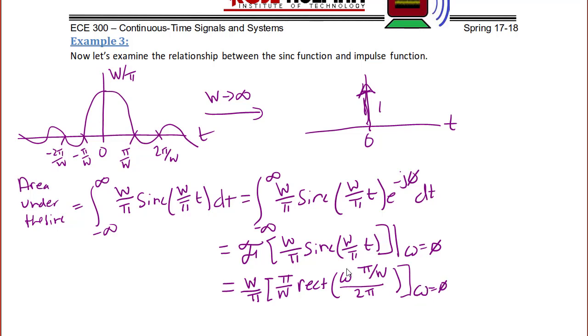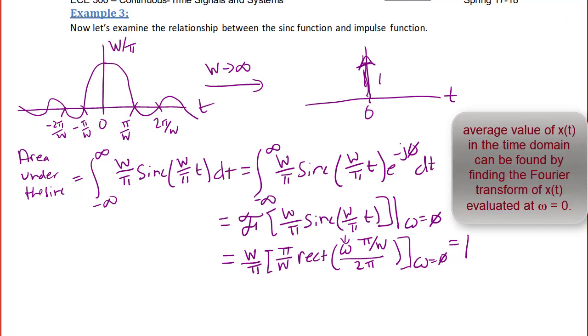There's only one omega, and that's here. And what you get is that the value is a 1. So we have shown that the area under the curve is a 1 for the sinc function, so it does converge on an impulse. So the last point to make is we now have a new rule we can use: if you want the average value for a function in the time domain, you can find that by finding the Fourier transform of that function and evaluating it at omega equals 0.